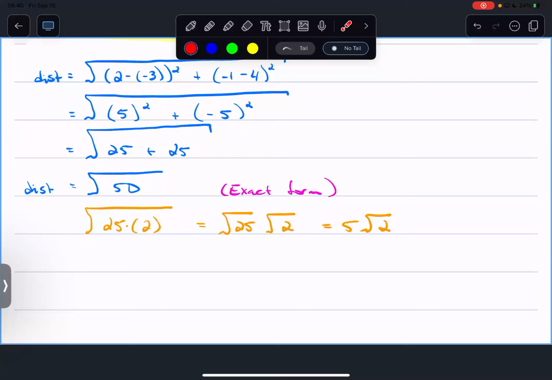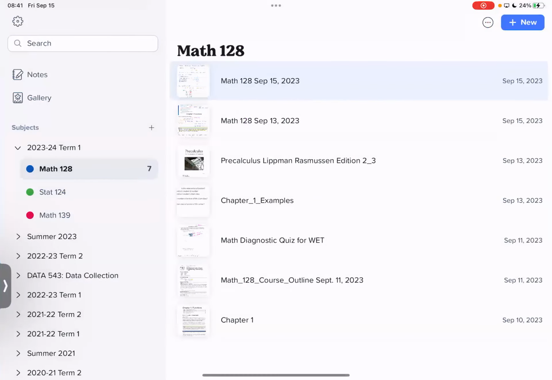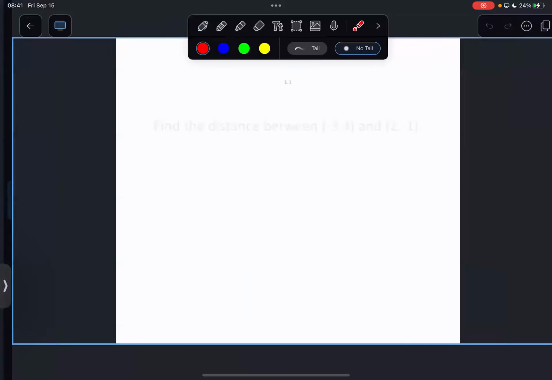Depending on what field you're in, a lot of the time they want you to reduce to kind of the smallest version of the number, which would be this. Okay. But I don't care. I guess I should say I don't care.